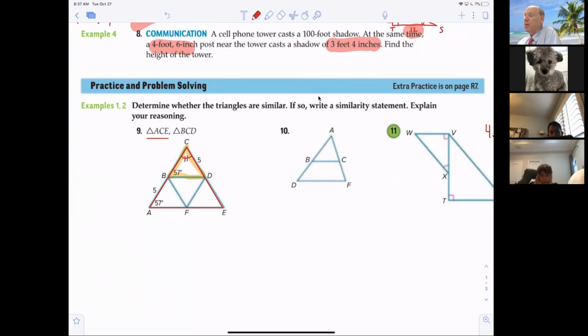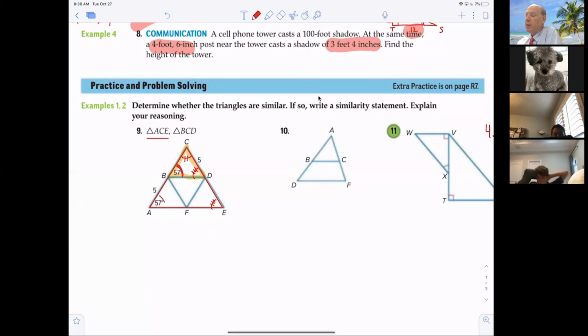Now, how do we know that D is congruent, or this angle up here is the same as this? How do we know that for sure? Yeah, they're corresponding angles, right? But how do we know those are parallel first? Yeah, because this right here, very good.